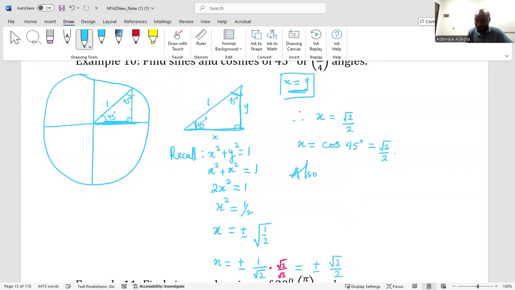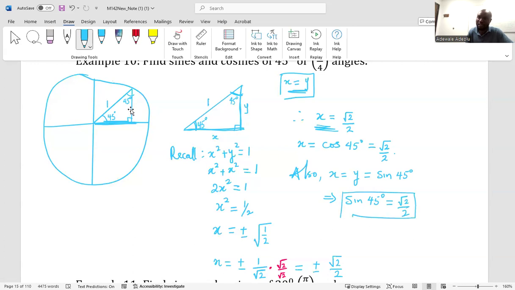Also, we know that x equals y. And our y is the sine of our angle, 45 degrees. So if x equals y, and remember our x is this, it means that the sine of 45 degrees equals root 2 over 2.